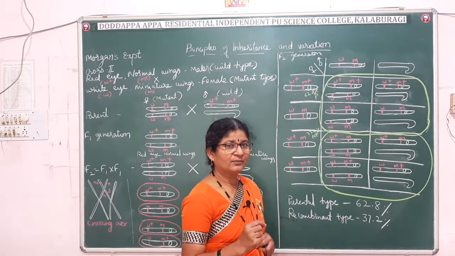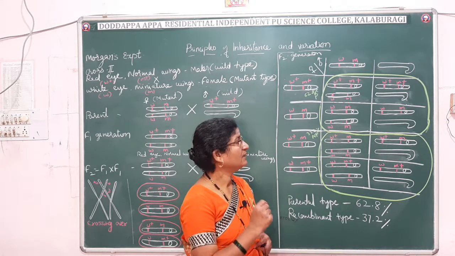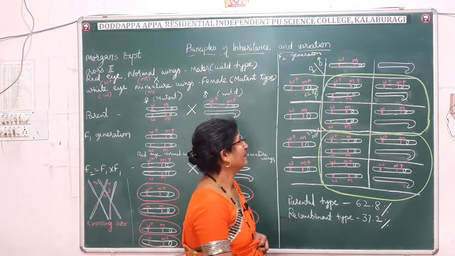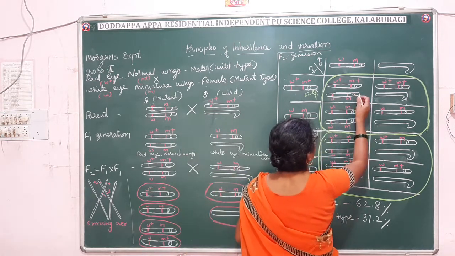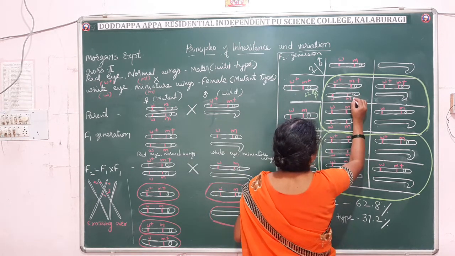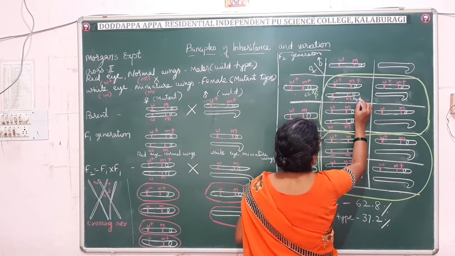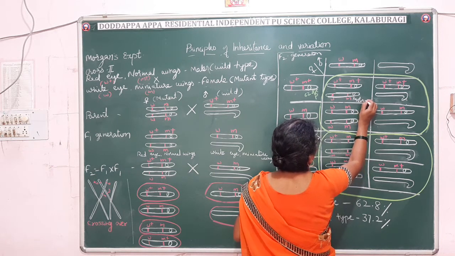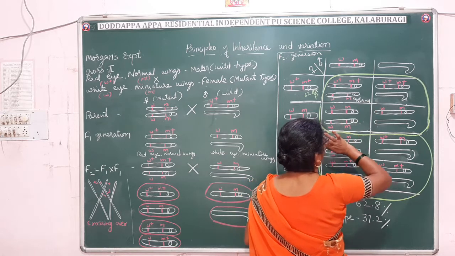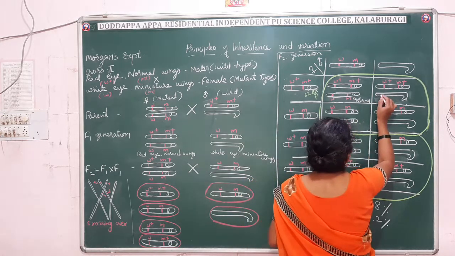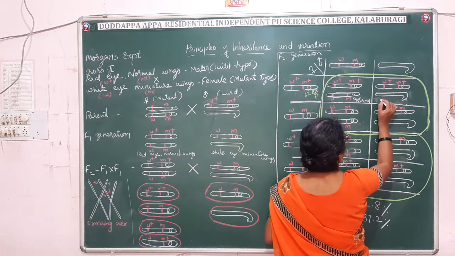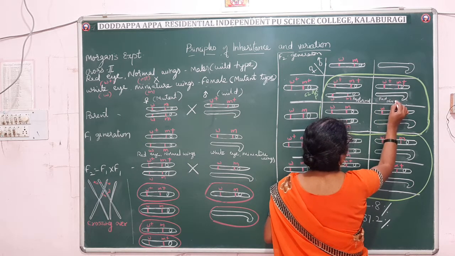We will find more natural type characters in the Drosophila. So what kind of character does it express? It will express red eye with normal wings, red eye with normal wings, female. And here this male also expresses the same character, red eye with normal wings.